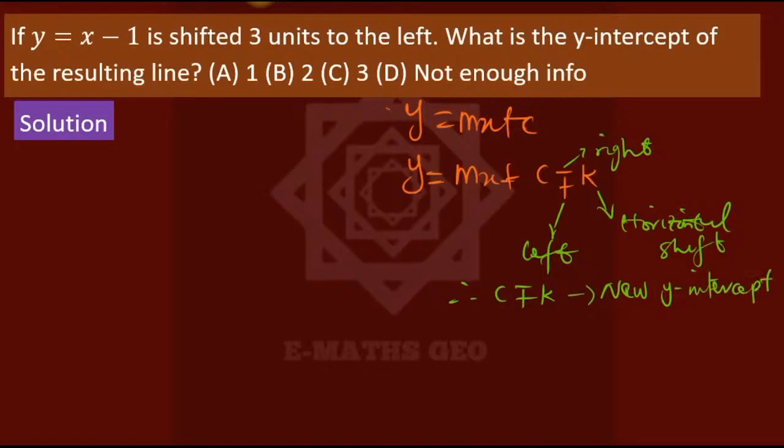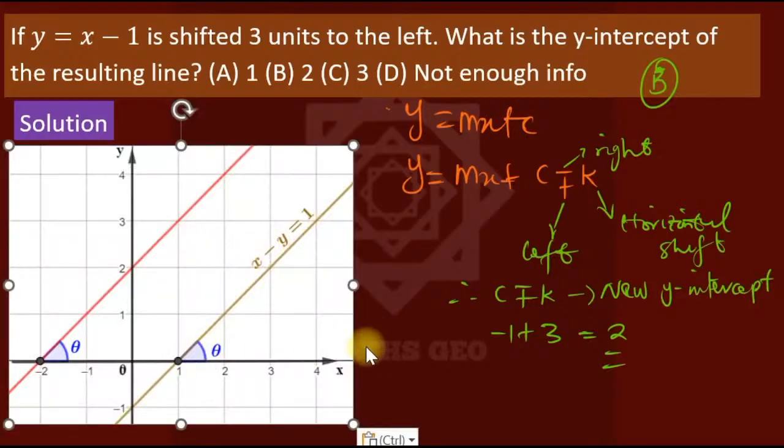So our answer is from the equation. We have c is minus 1, and the shift is left. So since it's left, it's plus 3. So our answer is 2. To show you that it's correct, let's plot.